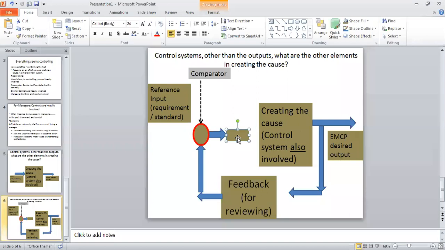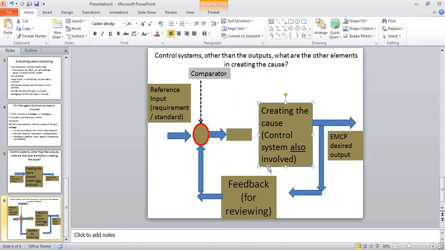So let's say this is something for control. Reference, compare, then some element here in the system to make the decision, to take the necessary action.